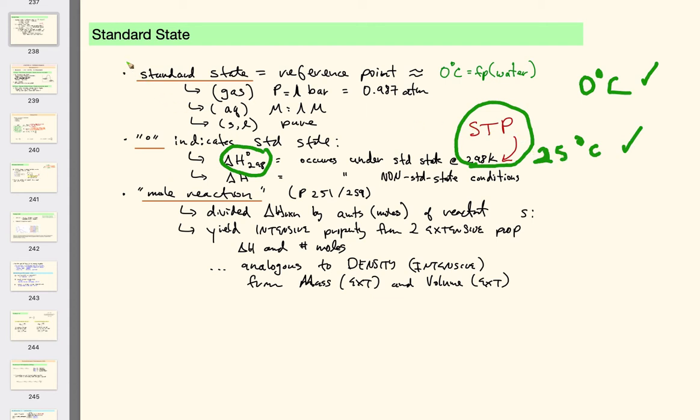There are 2 standard states, so I guess the standard state is not so standard, is it? It's like an equilibrium constant that changes with temperature, right? It's kind of an oxymoron. This is not taught in the book, but it's implied. It's kind of a sticky wicket. So what is a mole reaction?